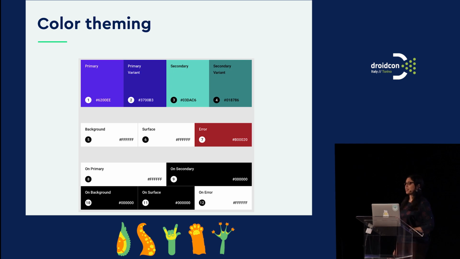And the first theming subsystem that we want to talk about is color theming, which, if you open the Material Design guidelines, you'll probably see something like this. You see primary, secondary, backgrounds, etc. But what do they mean?